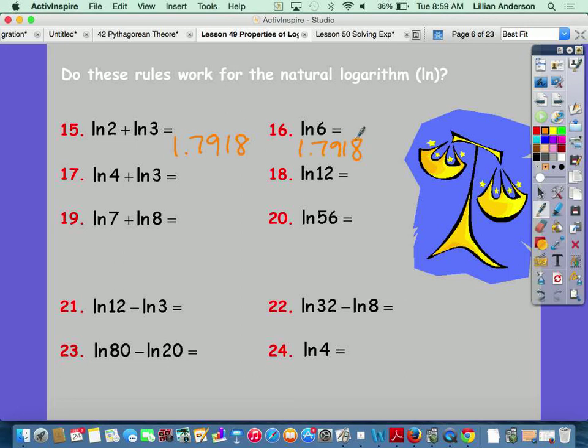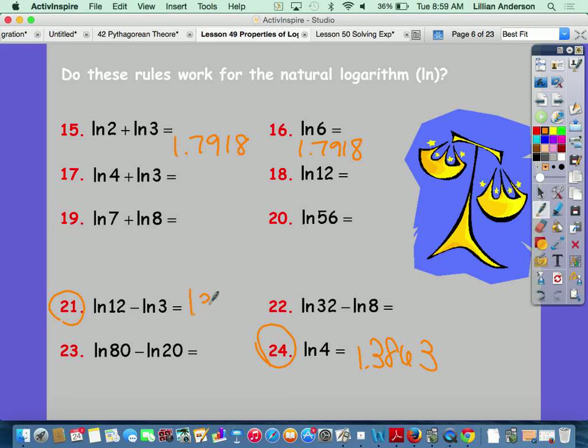All right. So when you're adding them, you can multiply the 2 and the 3, and it'll be the same thing. Let's check 21 and 24. What's the number? 1.3863.